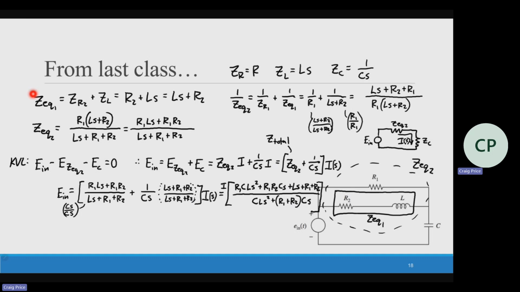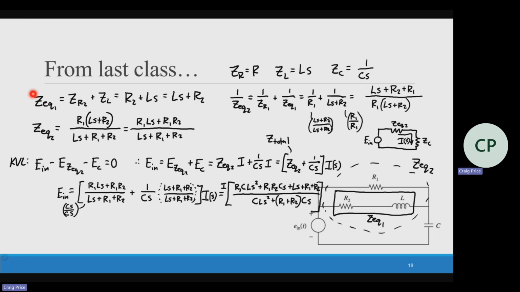Again, I may have made a mistake because there's a lot of terms here. So try to be careful with it as you go. But this is still the Z total. This is the total impedance.